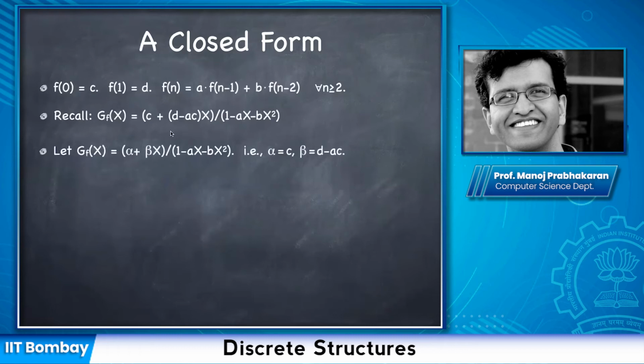So just for convenience, instead of this expression d minus ac, I'll just call it beta, and the first one I'll call alpha. So the expression I'm interested in is alpha plus beta x divided by some quadratic expression in x. Okay, and this is not quite the characteristic equation.